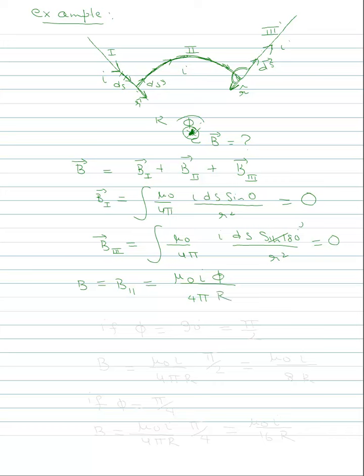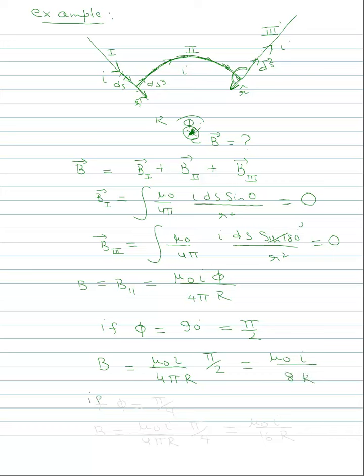Let's consider the case where phi was 90 degrees. If phi was equal to 90 degrees, which is the same as pi over 2, then in this case the magnitude of magnetic field will be mu 0 I over 4 pi r times pi over 2, which is mu 0 I over 8r.